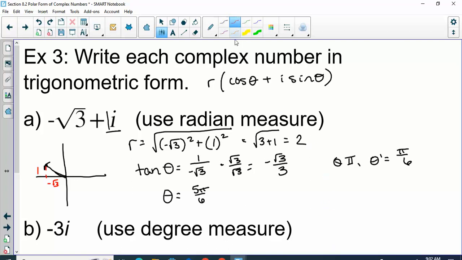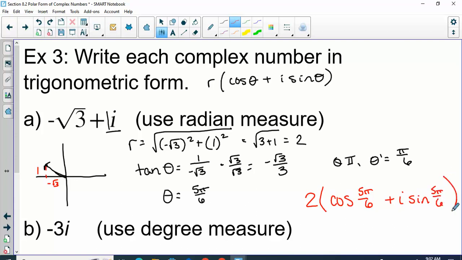So the final answer, my complex number is, or my polar form, my r is 2 times the cosine of 5 pi over 6 plus I sine 5 pi over 6.